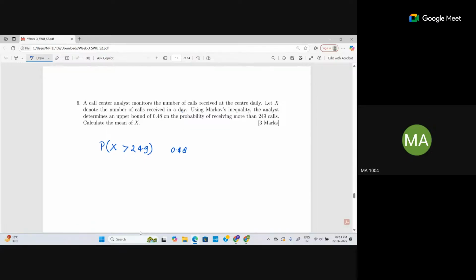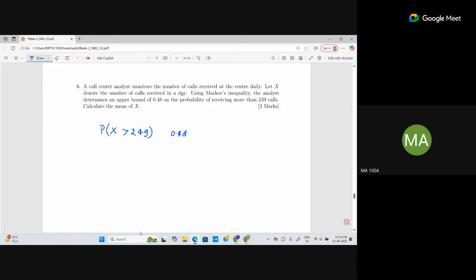Okay, but according to the Markov's inequality, we know what is the Markov inequality. It is probability of X greater than or equal to some value C is less than or equal to mu by C. Right? This is the Markov inequality. So you can see that there is a greater than or equal to sign.